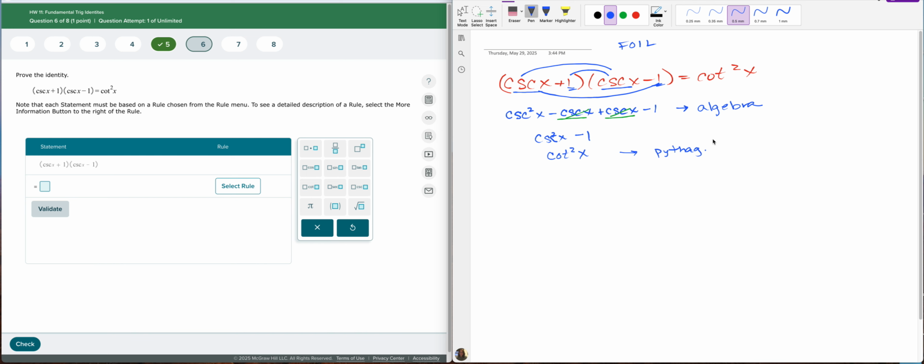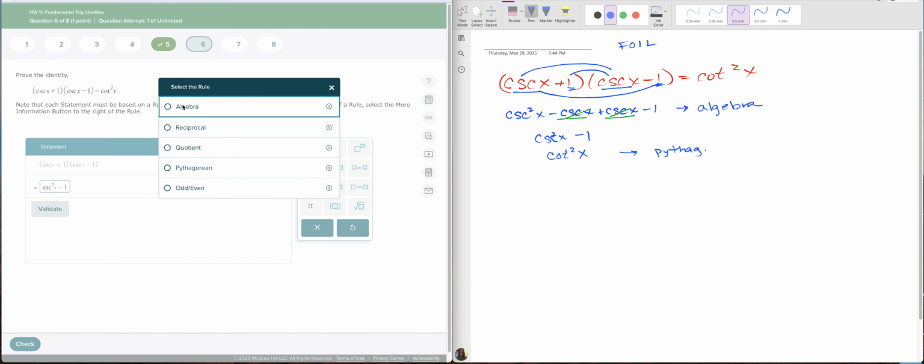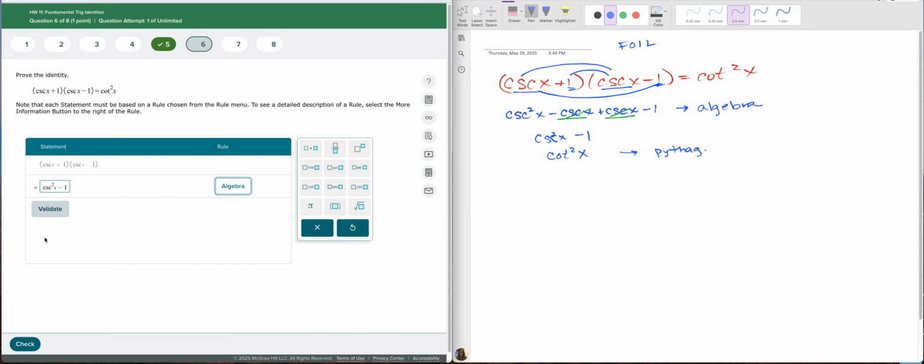So let's talk through entering this in ALEKS. That first step, we're just going to do that multiplication, and that multiplication really results in that simplified cosecant squared x minus 1. So that's what I'm going to enter. I'm going to hit that for my exponent. And again, the rule I'm going to select is just algebra, and then you're asked to validate. So I hit that validate button and all went well, so I can move on.